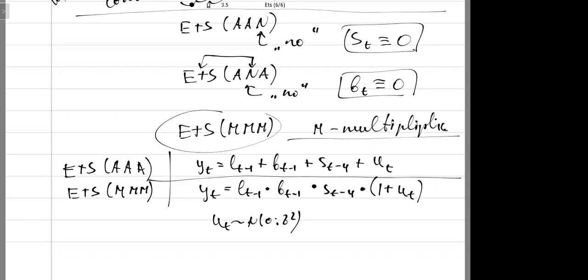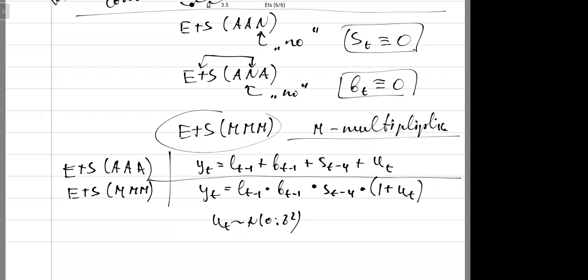So that is the subtle trick. But yes, the idea is that we can combine effects in a multiplicative form. Okay. So basically, that's all. My introduction into the ETS model is a little bit short, just one lecture class. Next time we will estimate these models in R.